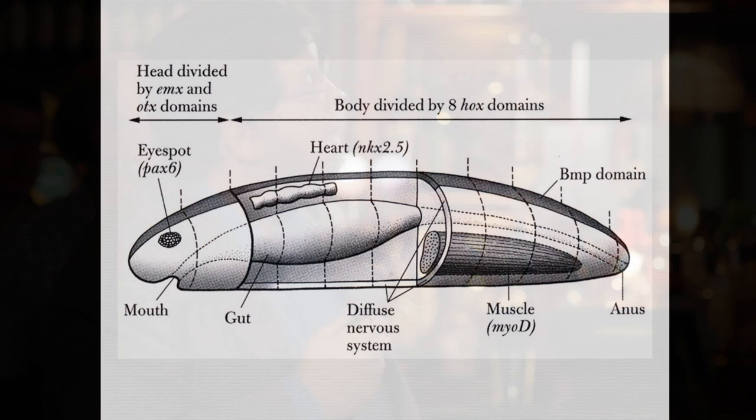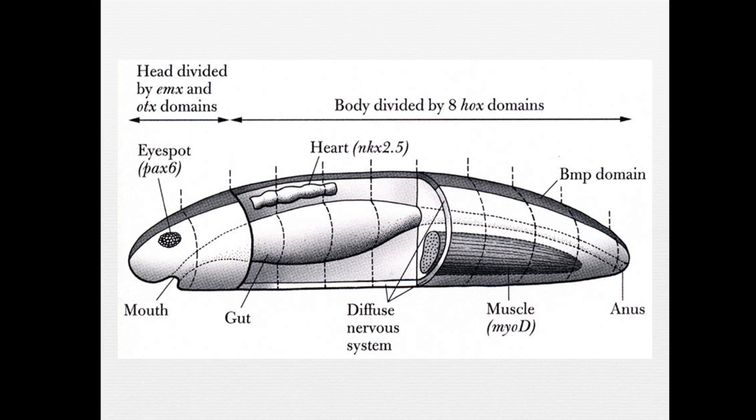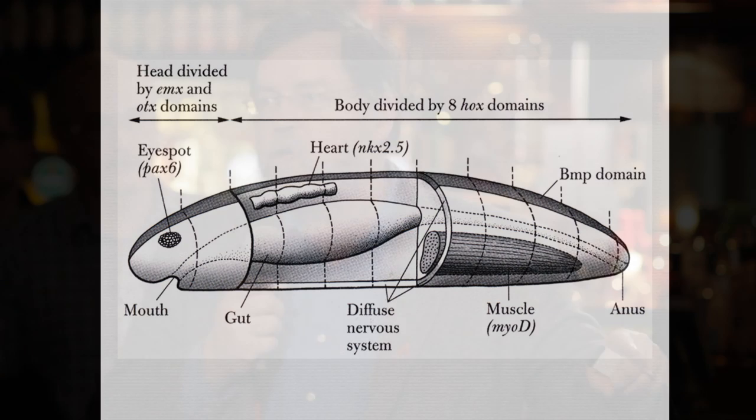We also know that when you look at the molecules behind it, that's what's illustrated here. This diagram is just showing when we analyze all these different groups and ask what genes are present and what they do, we can find very fundamental genes. Things like NKX 2.5, which is present in us, in flies, in squid, in all these different creatures, and in all of them it does exactly the same thing.